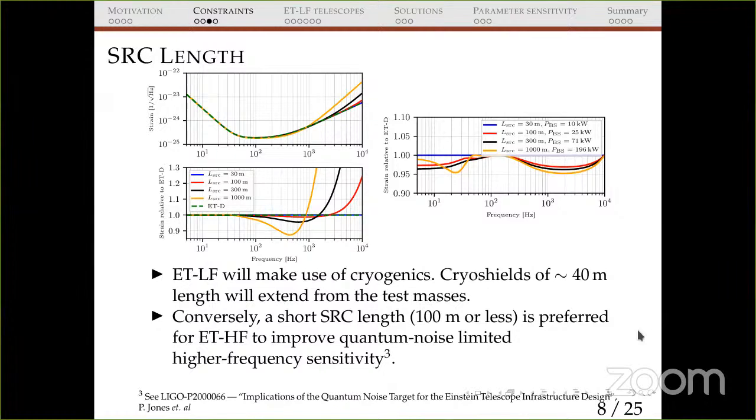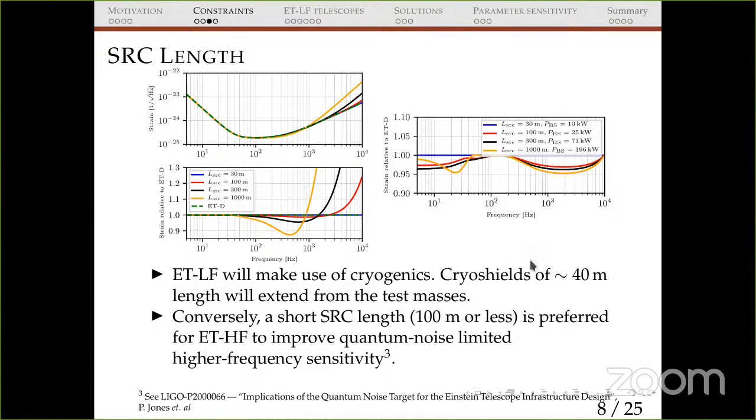Some recent work from one of my colleagues, Philip Jones, whose paper is cited here, tells us that we want to limit the SRC length for ETHF to ideally 100 meters or less to avoid significant degradations in the sensitivity at higher frequencies.